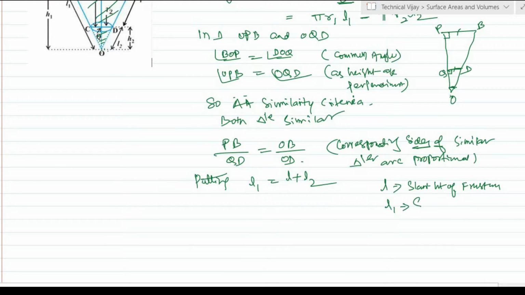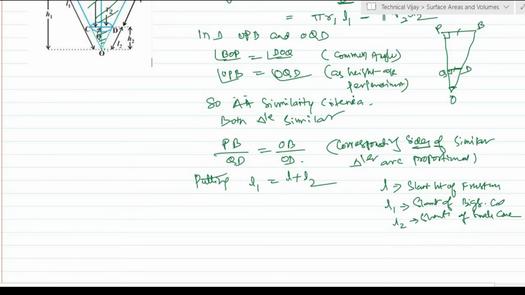L1 means the slant height of the bigger cone, and L2 means the slant height of the smaller cone.